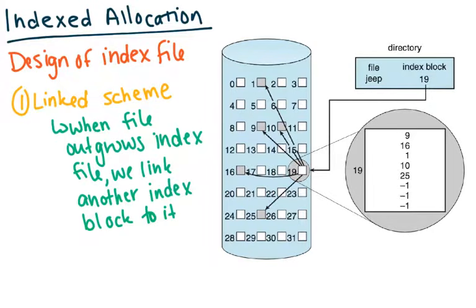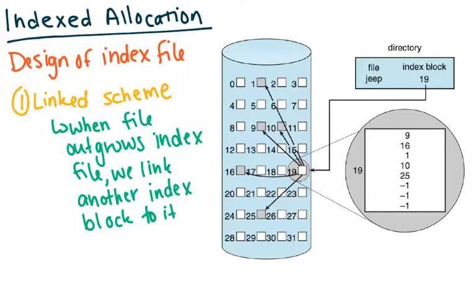Okay, so the way you can design this index allocation, or this index file, is you can use a linked scheme, which is what's shown here. So what's shown here is just index allocation, but a linked scheme. This is what happens if the index file overgrows itself.